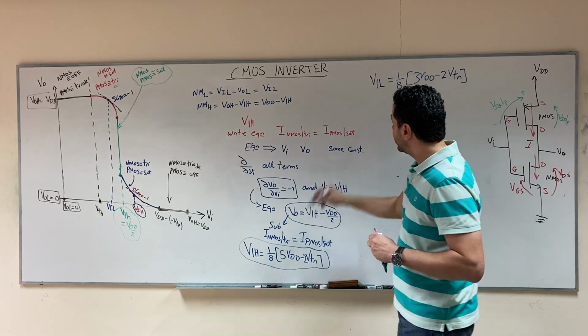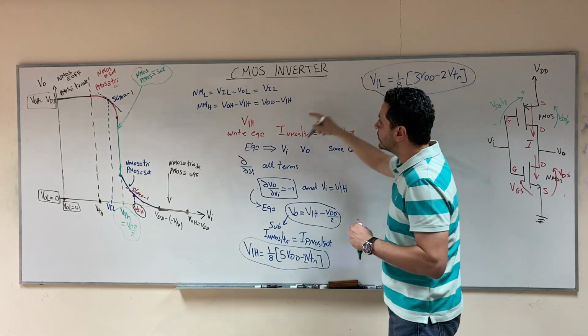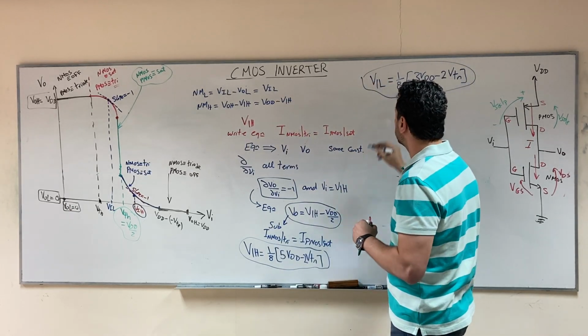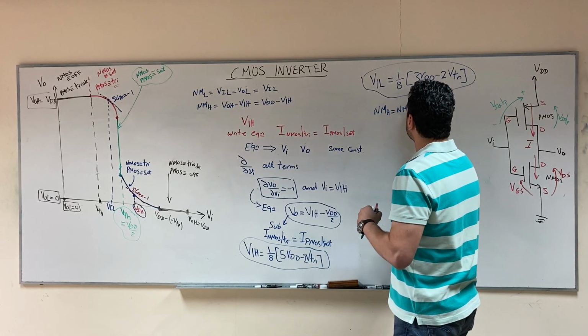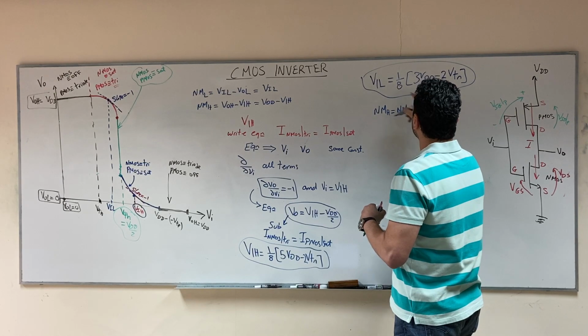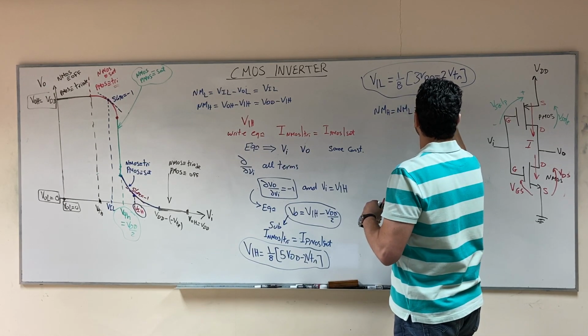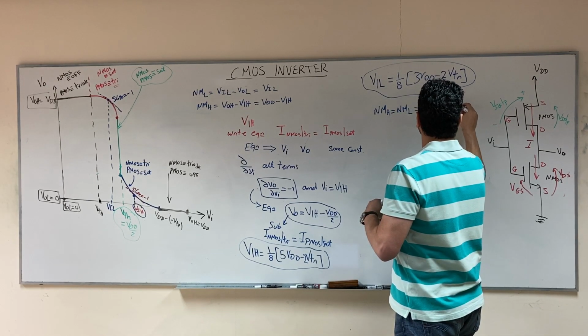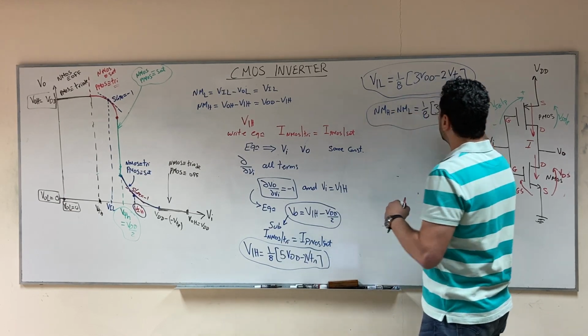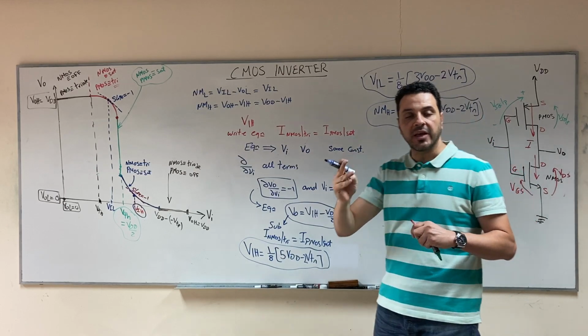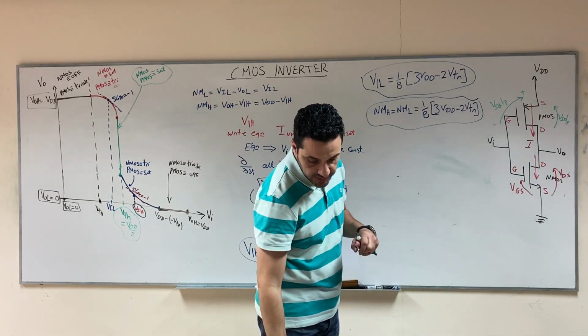And once you calculate VIL and VIH, you can substitute and calculate the noise margins. The noise margin high will be equal to the noise margin low, and both of them are equal to VIL. So now we calculated VIL, VIH, and the two noise margins. Okay.